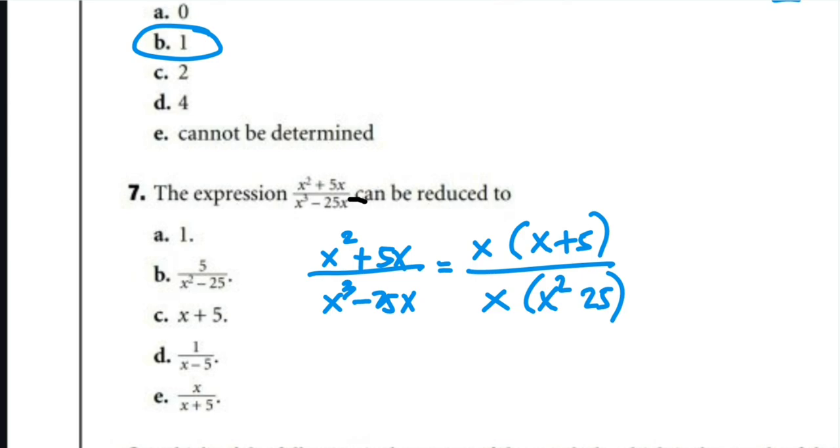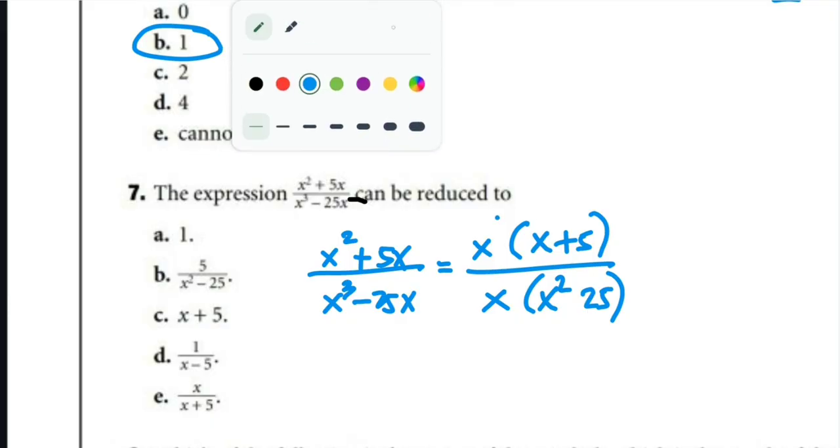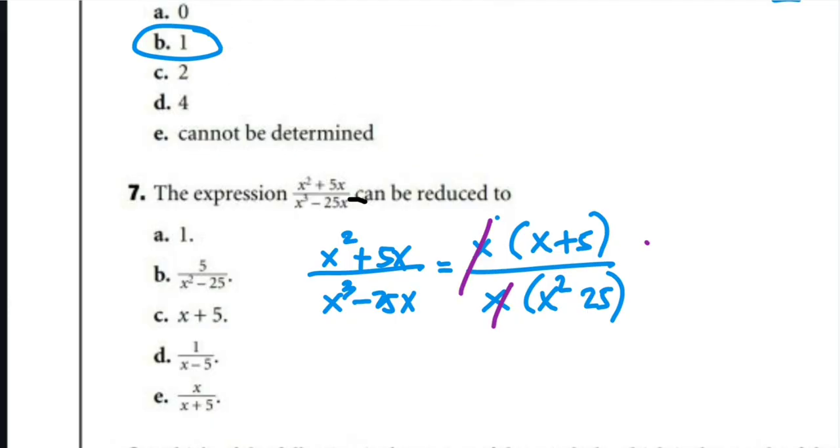Then, okay. Then this cancels out. And then you have x plus 5 over x squared minus 25. But we don't have that in our choices, so that means we need to simplify x squared minus 25 further.